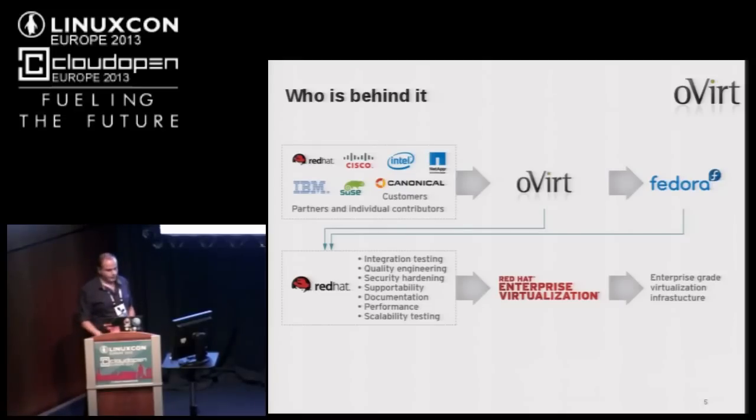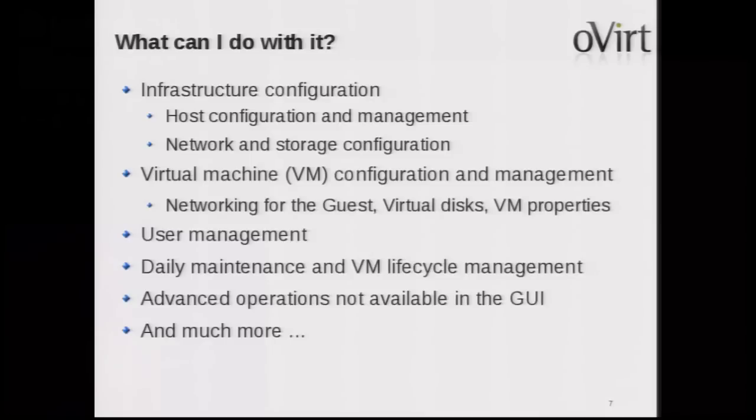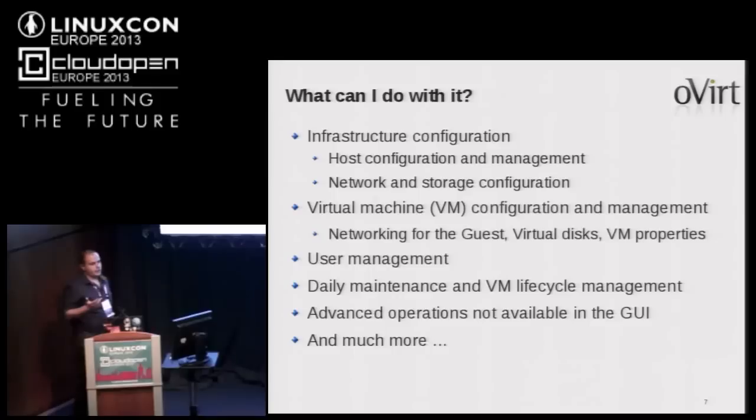So that's basically the project itself. So we'll start with the REST-based API. I guess some of you or many people here are familiar with REST, but I'll give some basics about that as well. So when looking at oVirt, what can we do with the REST API? So basically, we can do infrastructure configuration to configure hosts, configure networks, configure storage in the system, create, provision new virtual machines, manage users, do different daily maintenance that we need to do in our environment.